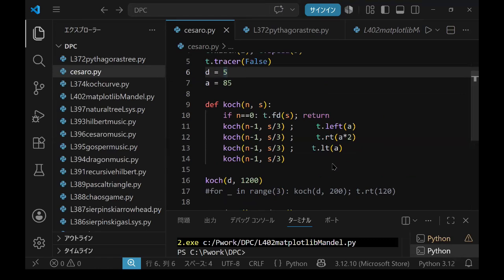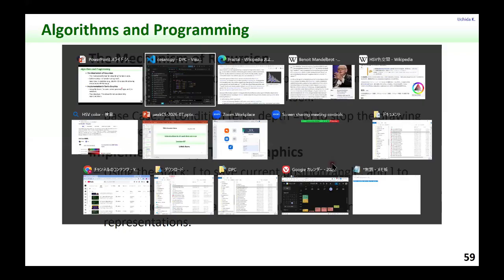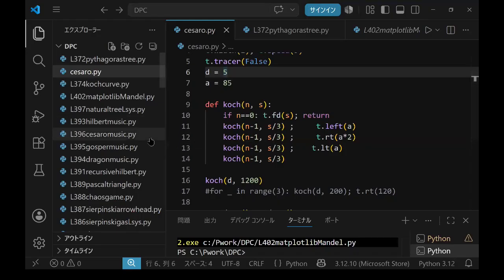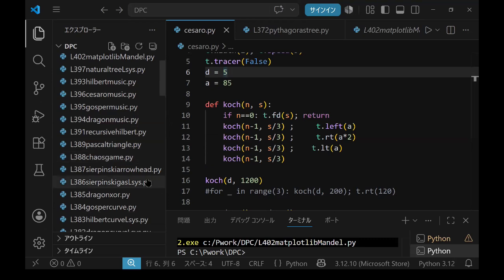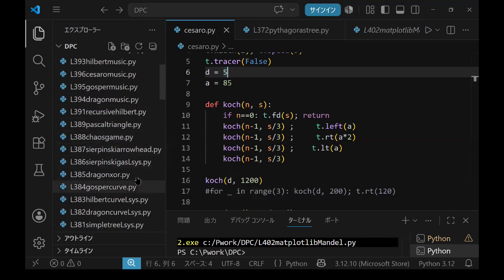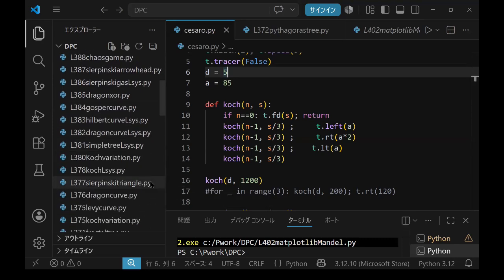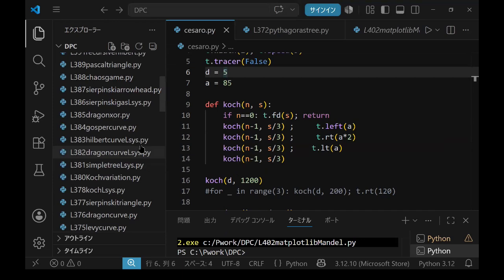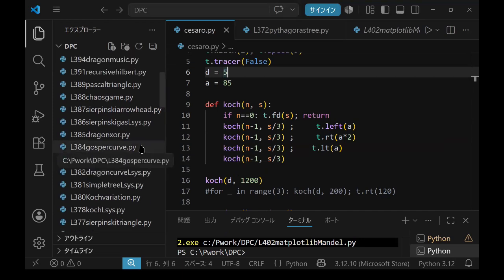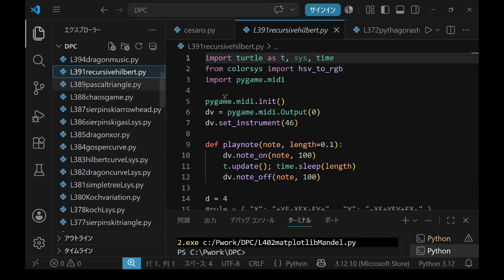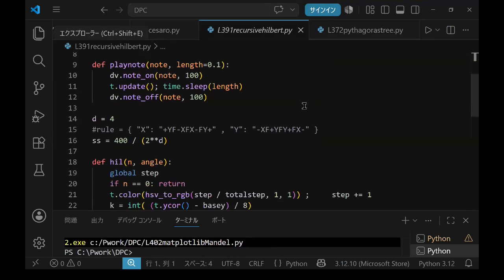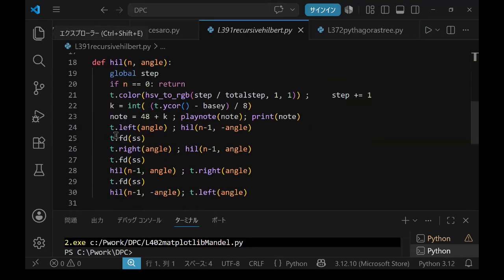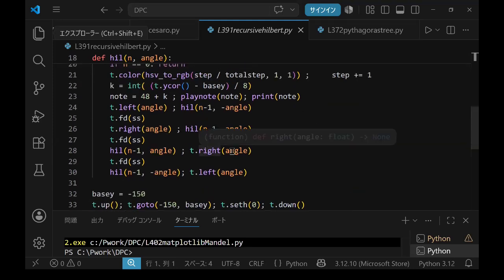implementation of the Koch curve. Okay, likewise, if you were interested in, say, the Sierpinski gasket, another example is the recursive Hilbert curve. The Hilbert curve can be drawn like going left, Hilbert n-1, forward, right, Hilbert n-1, something like that, recursively calling it.